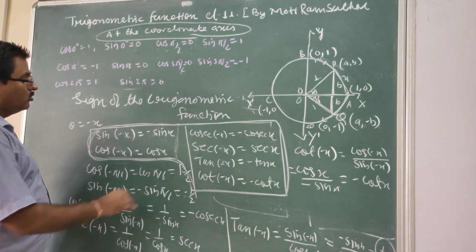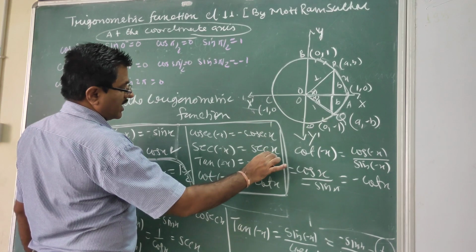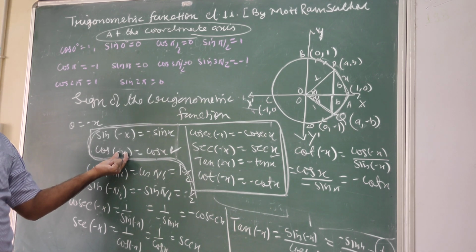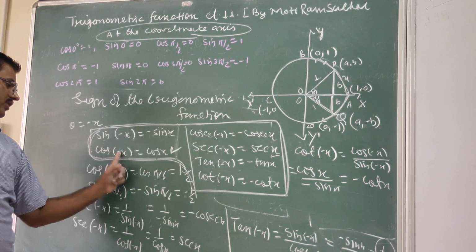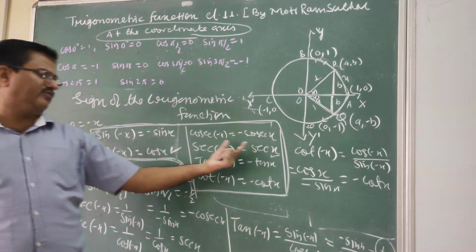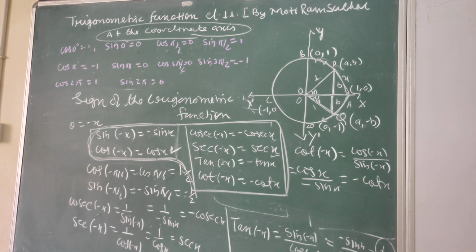So there are 2 trigonometric ratios which remain in the same position if you are finding for negative or positive theta. Cos x and sec x for negative angle always give the same value as for that positive value. This is a very important statement.